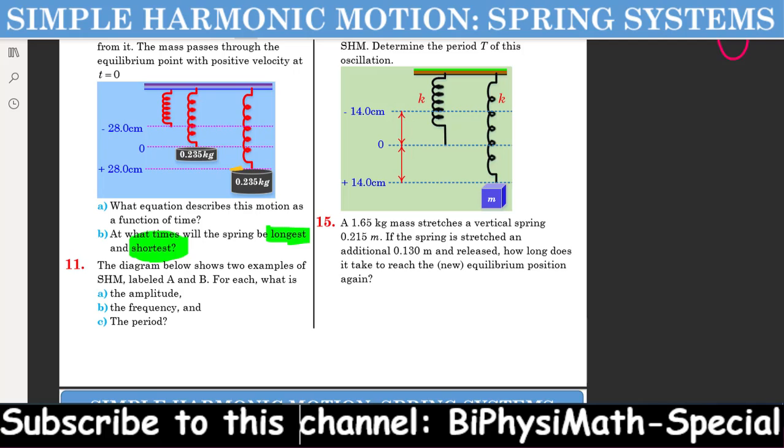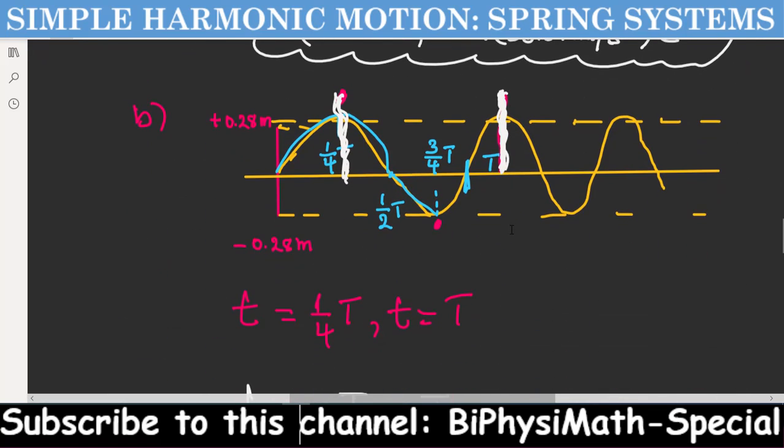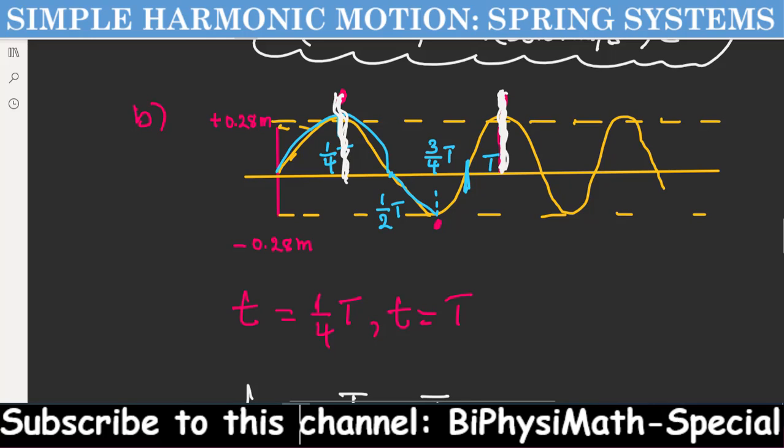Here I have the longest, here I have the shortest.